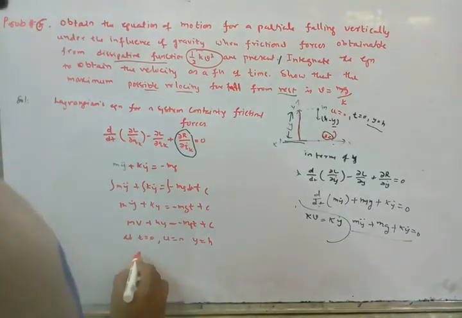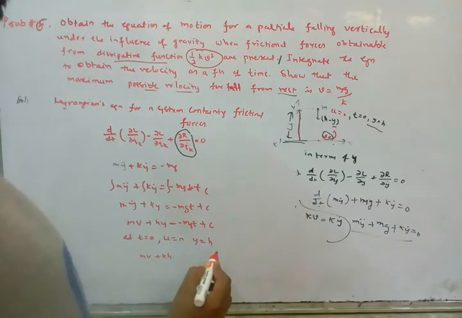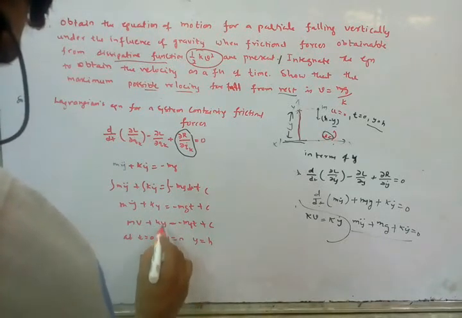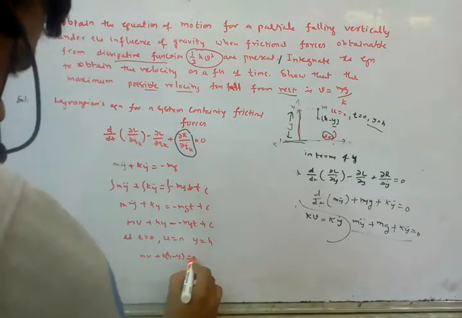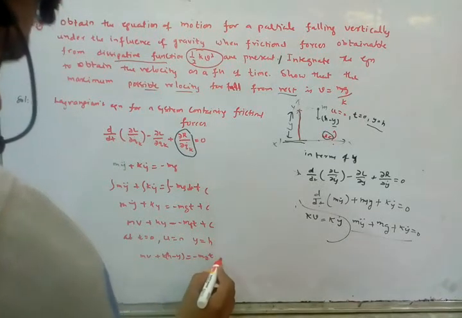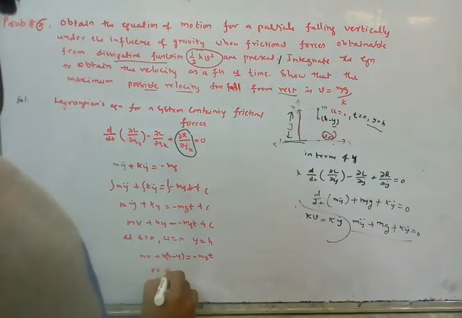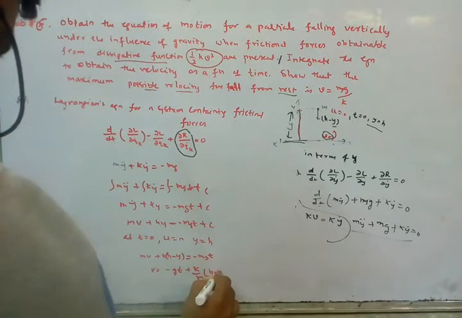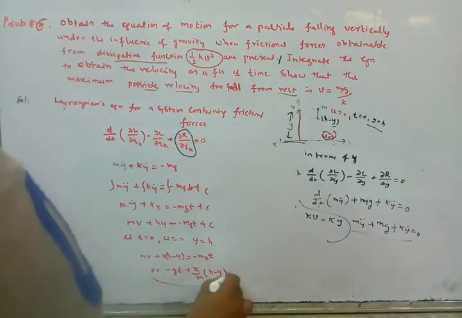Substituting in this equation, m v plus k(h minus y), where h minus y is the changing distance, minus mgt. Then we get v equal to minus gt plus k by m of (h minus y). So we have this equation now.